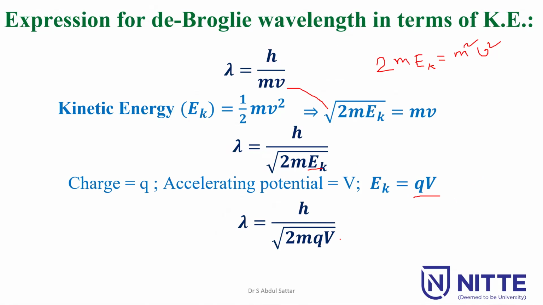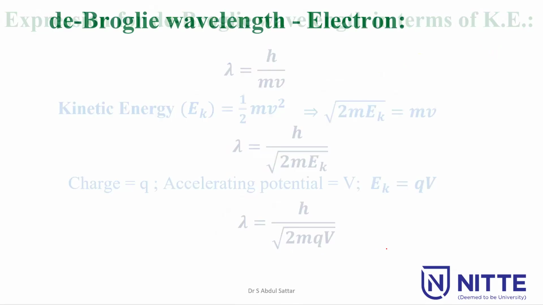If you want to find the de Broglie wavelength associated with an electron, then in the case of an electron, m becomes the mass of the electron and q becomes the charge of the electron, and h is Planck's constant. By substituting these values in this formula, you can get the de Broglie wavelength associated with an electron accelerated through a potential difference of V volts.